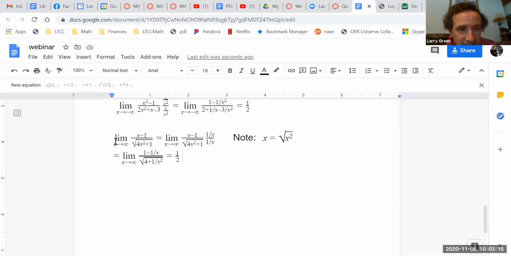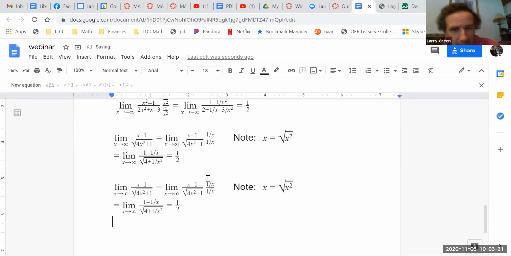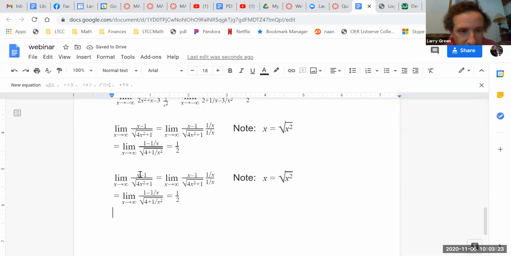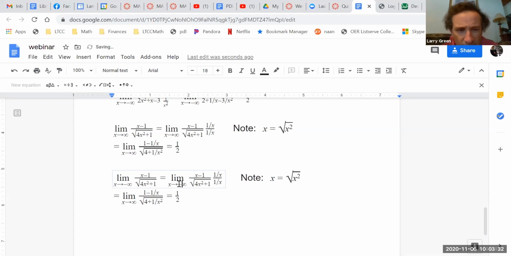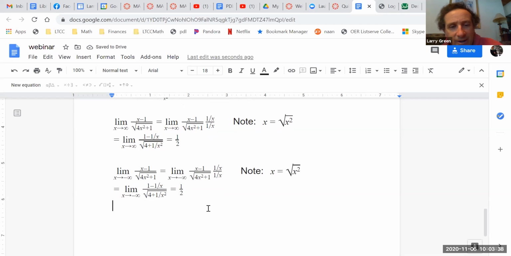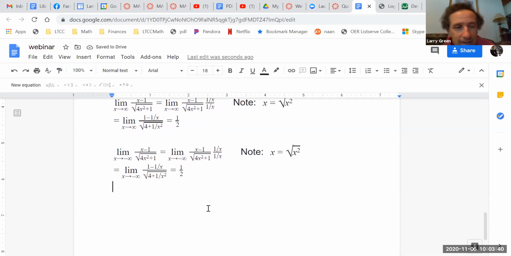But there's an issue. I'm going to copy and paste. And let's say instead of infinity, we go to negative infinity instead. Is what I've now written correct?